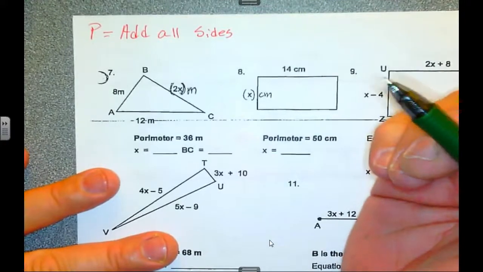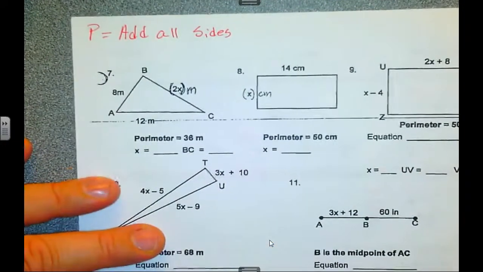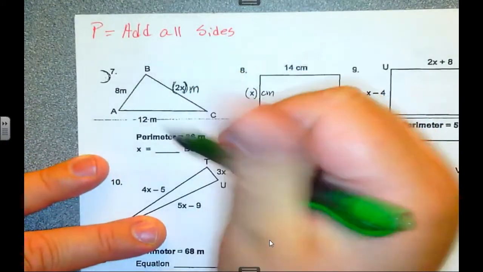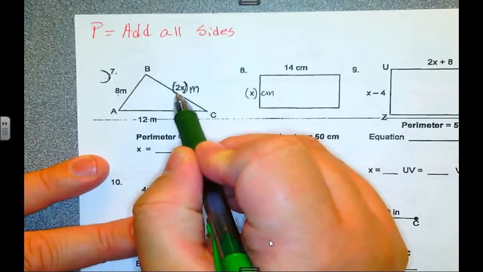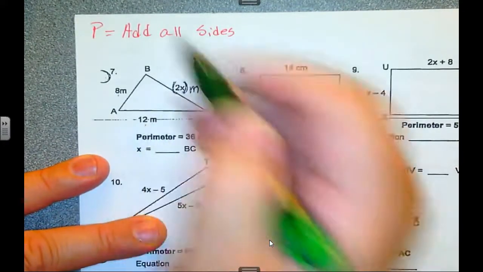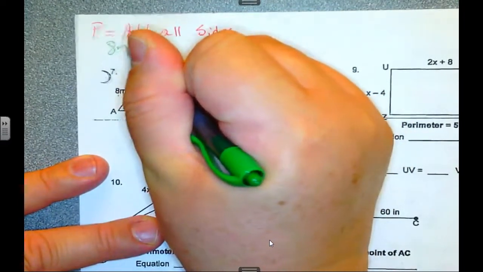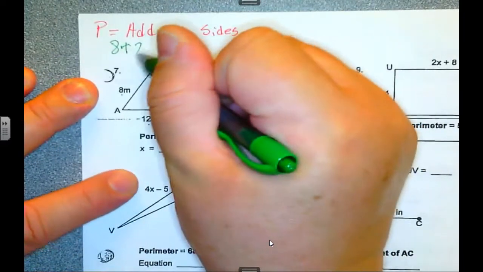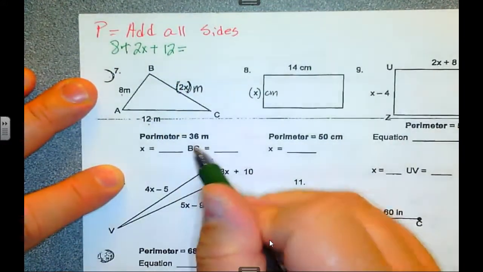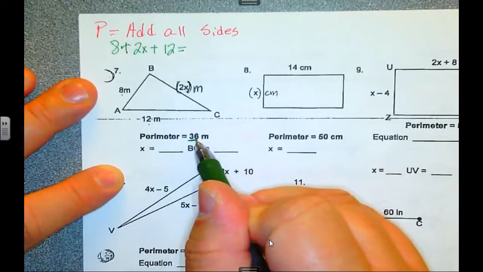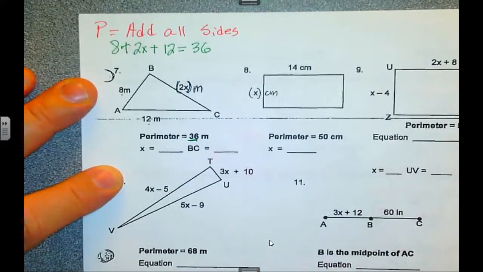All right. So here, in fact, I think this worksheet you've had before. For number 7, I'm going to take 8 meters plus 2x meters plus 12 meters. And what's my perimeter? 36. And I just solved the equation for x.